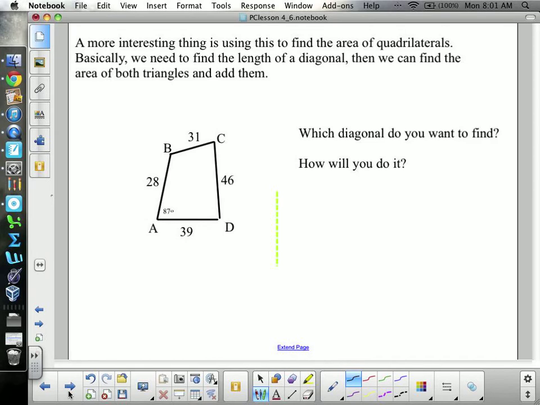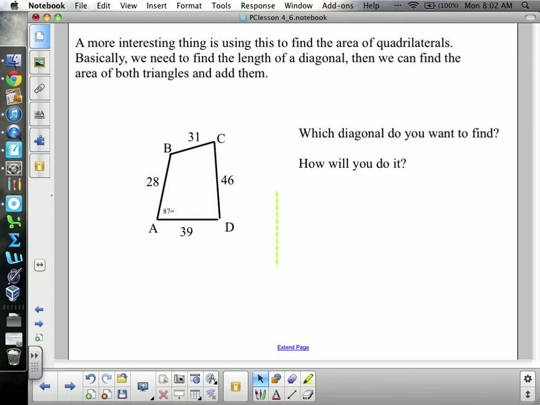One other application of this, we can use this to find the area of a quadrilateral. But again, what it comes down to is with a quadrilateral, generally we're going to need to know the measure of at least one angle within that quadrilateral if we're going to use this for quadrilaterals.